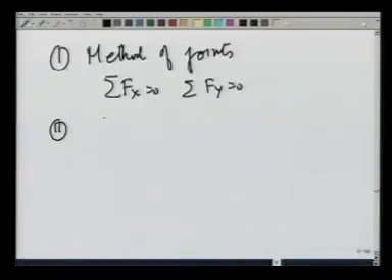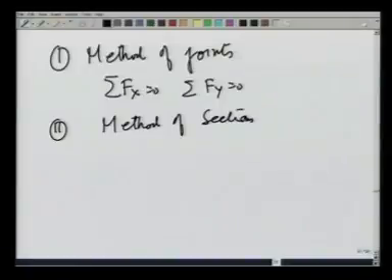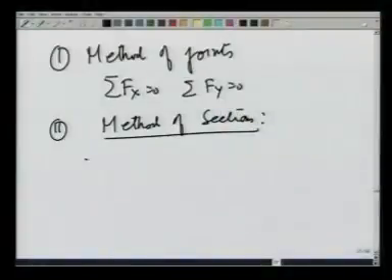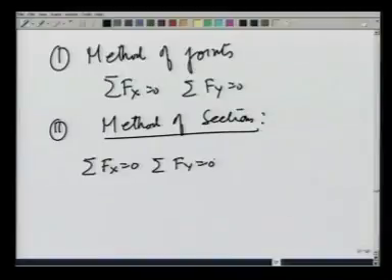The other method that we have seen is method of sections, which can be applied to selectively calculate forces in different members of a truss. What is done in this is a section is made where a maximum of 3 forces are passing through, because the equations that we apply are 3 in number: summation Fx equal to 0, summation Fy equal to 0 and summation torque equal to 0. So, in any calculation the maximum forces I can calculate are 3. So, a section is made so that there are a maximum of 3 forces through that section, and then we apply the equilibrium conditions to get these forces.